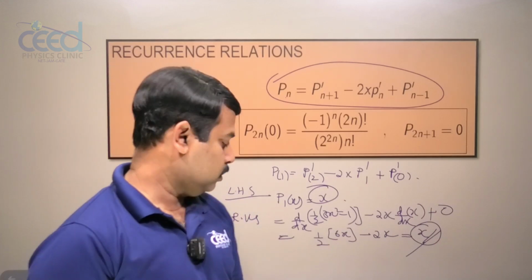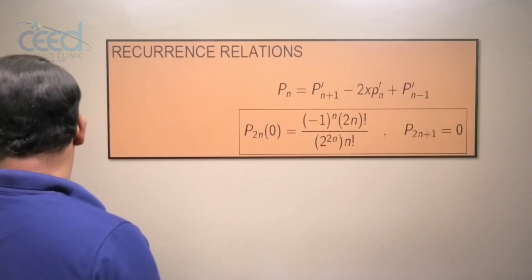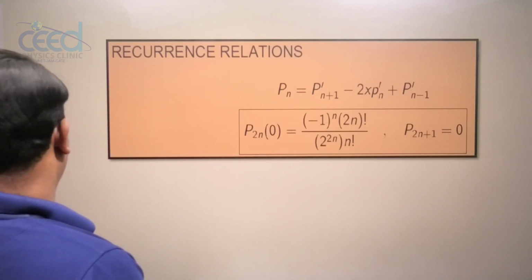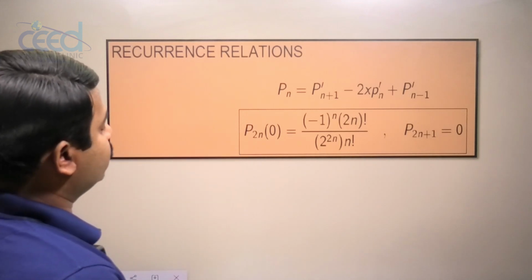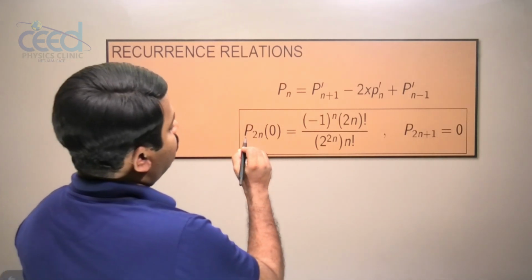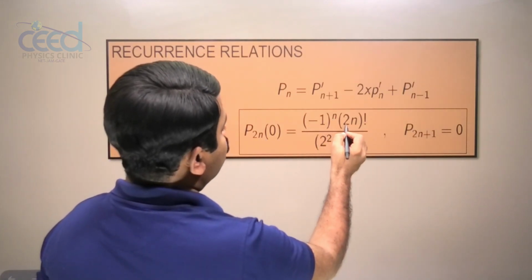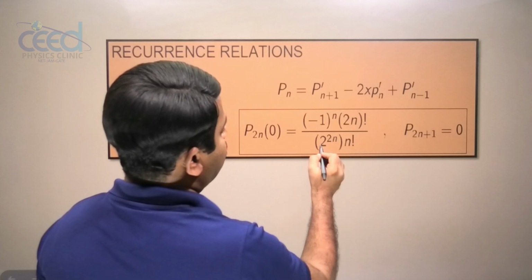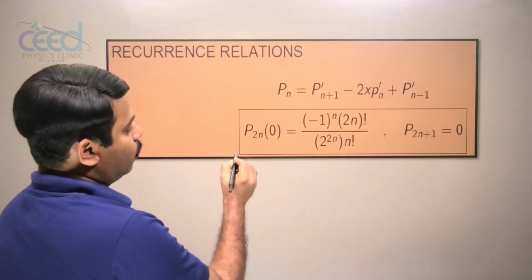Alright, now P2n of 0. P2n of 0 is minus 1 raised to n times 2n factorial divided by 2 raised to 2n times n factorial squared. Put n is equal to 1 on either side.